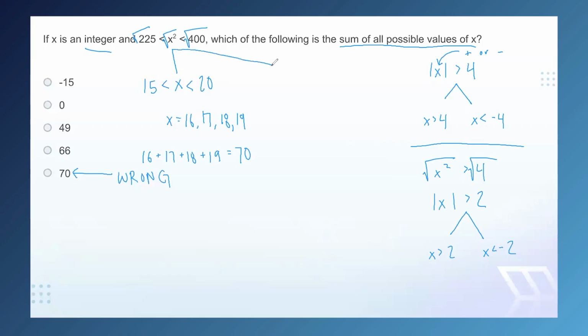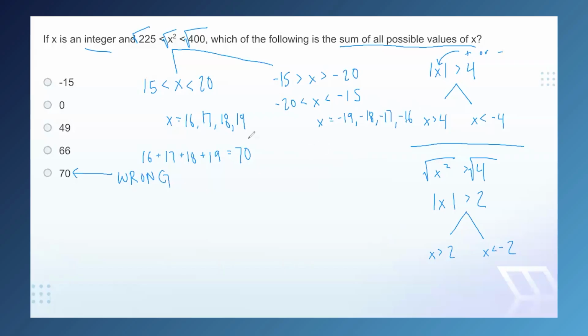But the other one is negative 15 is greater than x is greater than negative 20. Or flipping that around to make it easier to read, negative 20 is less than x is less than negative 15. This gives us four more possible values for x: negative 19, negative 18, negative 17, and negative 16.